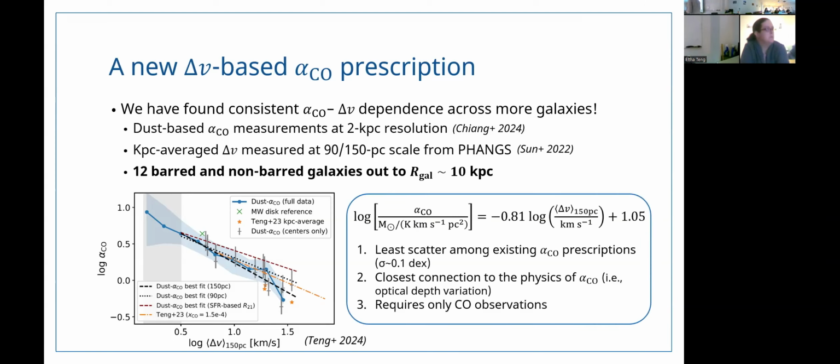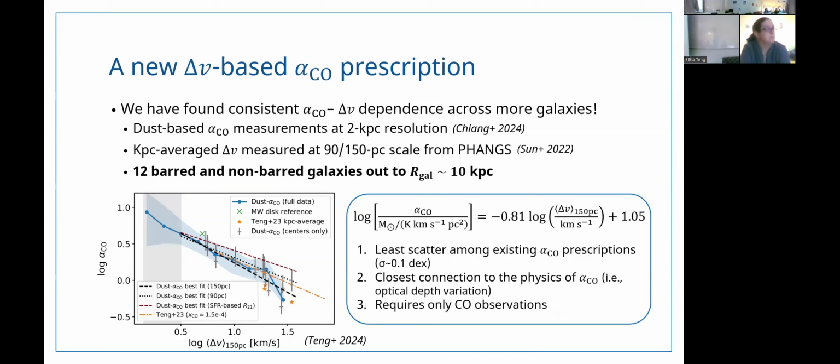So based on these measurements, we have constructed a new alpha CO prescription as a function of cloud scale velocity dispersion. So you can see that the scatter with respect to the prescription is actually pretty small. It is only about 0.1 dex. And this is actually the smallest scatter among existing alpha CO prescriptions.